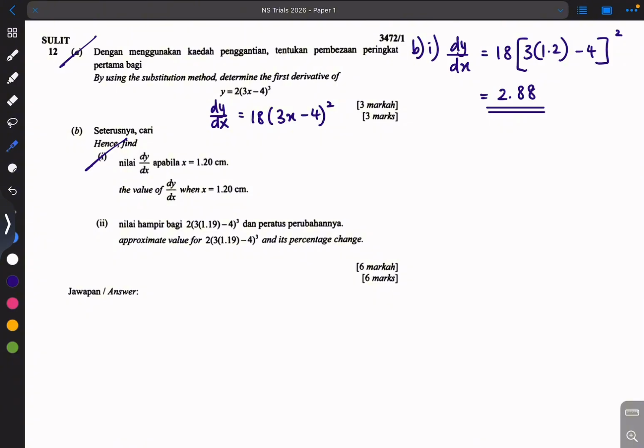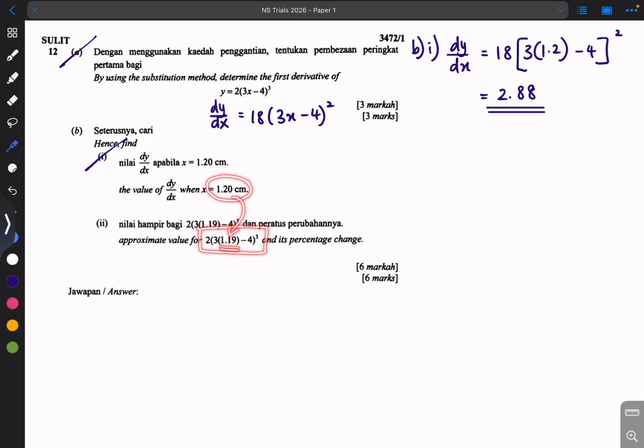Okay, B2. The approximate value of this and its percentage change. So if you look carefully at this, it looks very similar to this. Just that they swapped the x value. So basically what they're trying to ask us to find is the new value of y when x changes from 1.2 to 1.19.